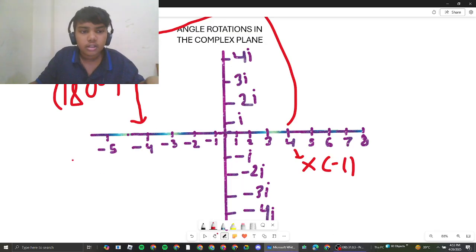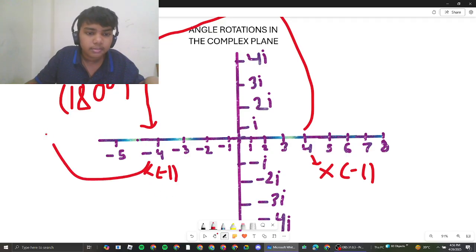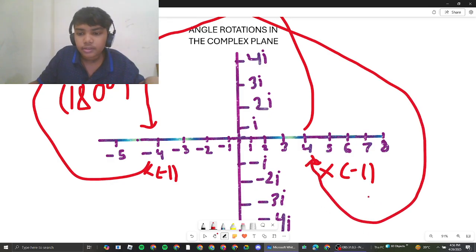Similarly, if we multiply this by minus 1 again, we would come back to 4, which would be a total of 360 degrees.